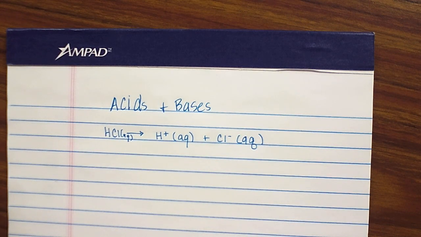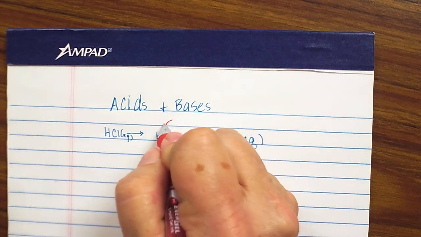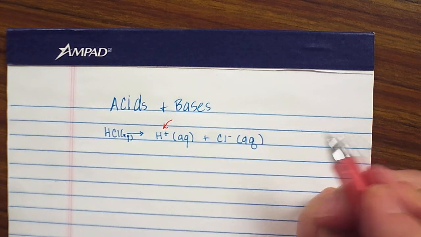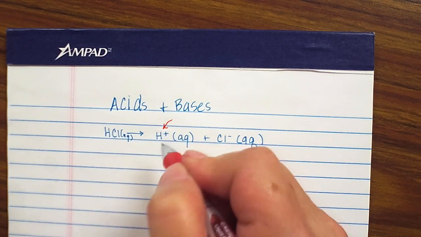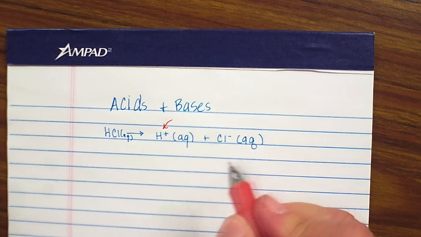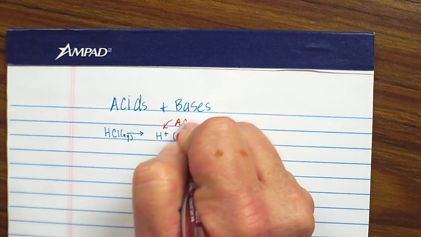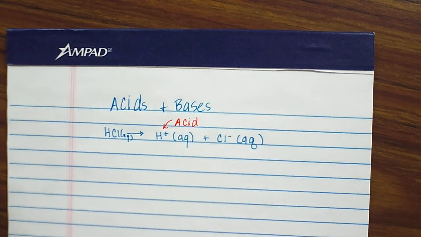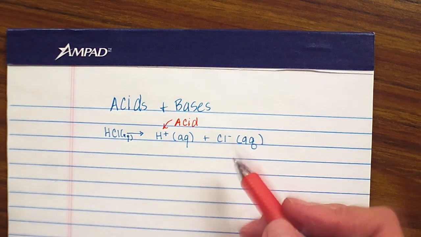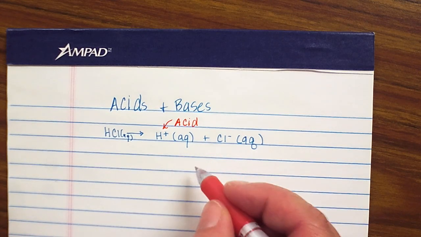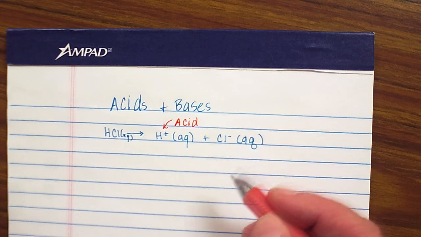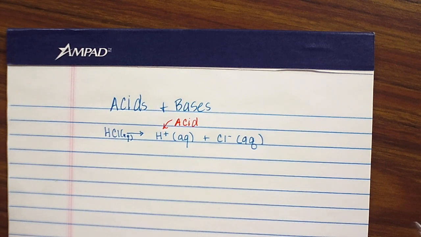Now, why is hydrochloric acid considered an acid? Well, it's because of this hydrogen. Any compound, any molecule which dissociates and delivers hydrogens is considered an acid. Okay? And it is this concentration of hydrogens that determines how strong the acid is.